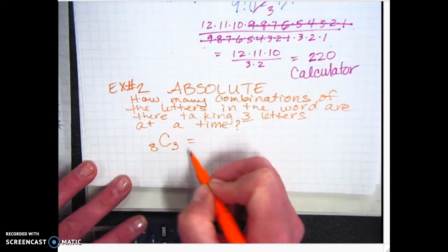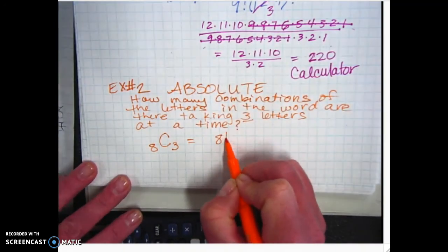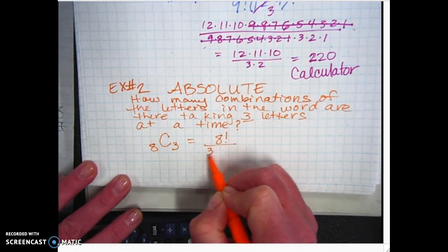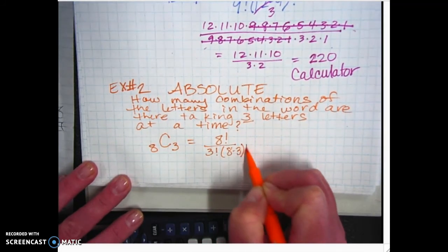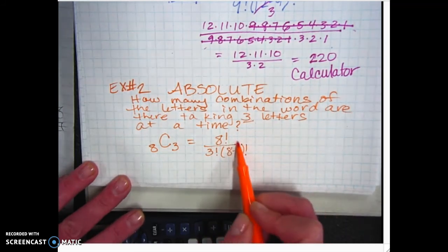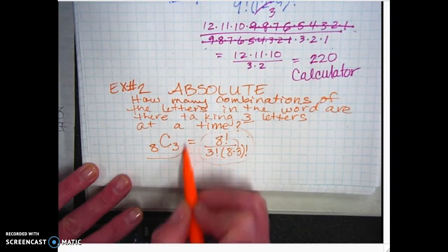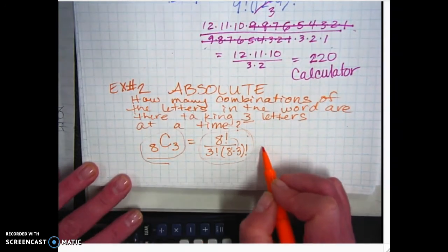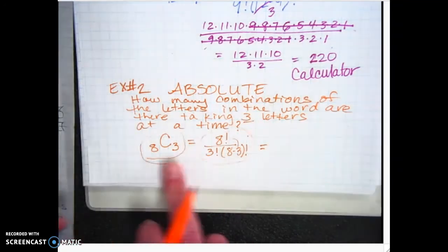If you were going to write it out from the formula up above, you'd say 8 factorial over 3 factorial times 8 minus 3 factorial. You can type it into the calculator this way if you want, or you can write the whole thing out. I'll do it on the calculator from here.